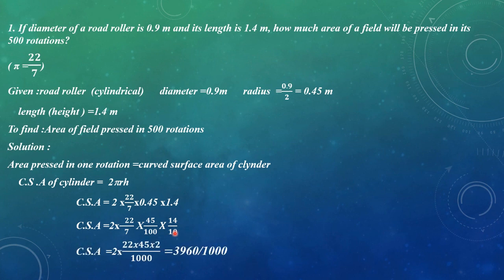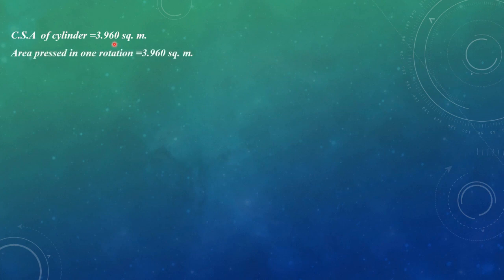So when we solve it, we get curved surface area is equal to 2 multiplied by 22 multiplied by 45 multiplied by 14 divided by 7, upon 1000, and that is equal to 3960 divided by 1000. So answer will be equal to 3.960 square meter.